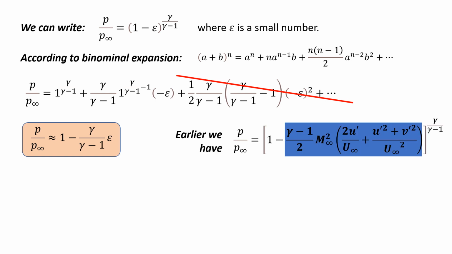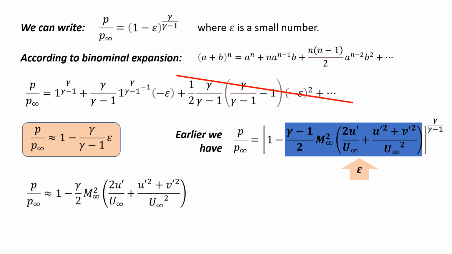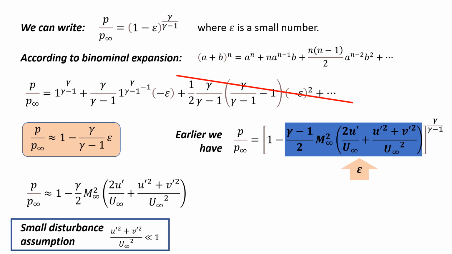And because earlier we have this pressure ratio, 1 minus something big to the power of gamma divided by gamma minus 1, comparing the two equations, we can find the part highlighted by blue is actually equivalent to epsilon. And then we can have P over P infinity equals 1 minus that highlighted part.